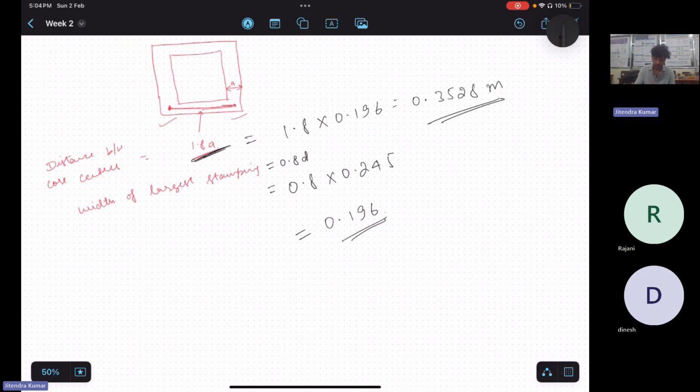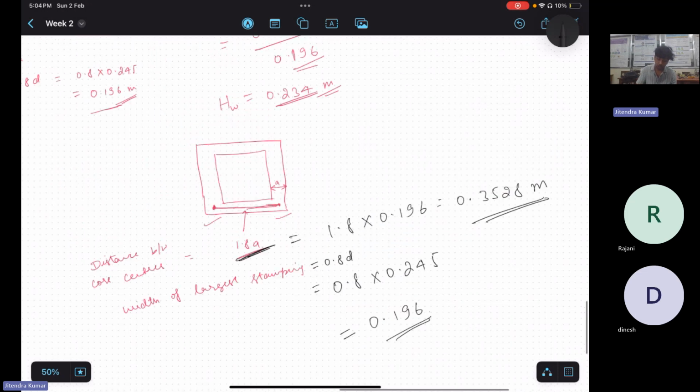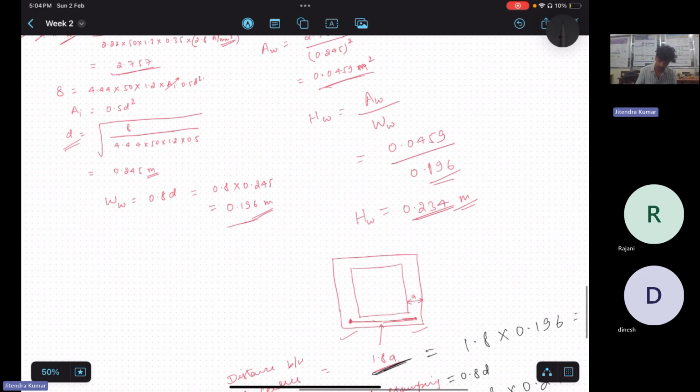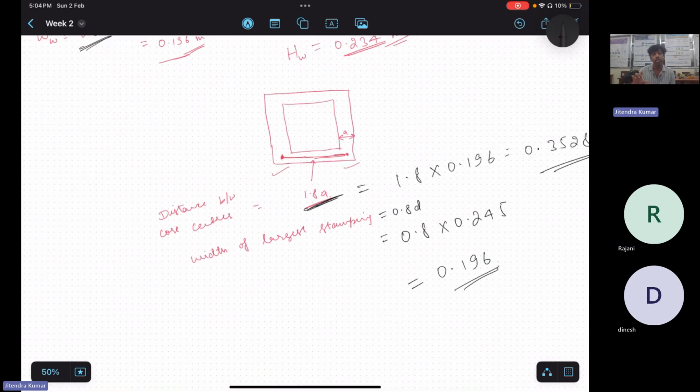Now, width of the window. Width of the window we have calculated, right? Width of the window we directly did 0.8 D, right? But here, width of the window will be how much?